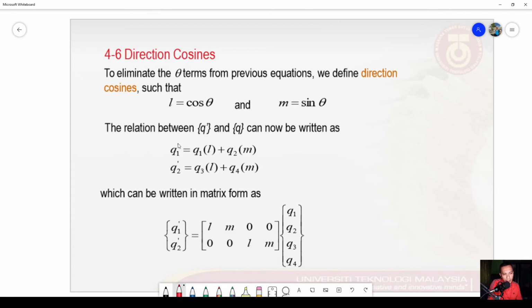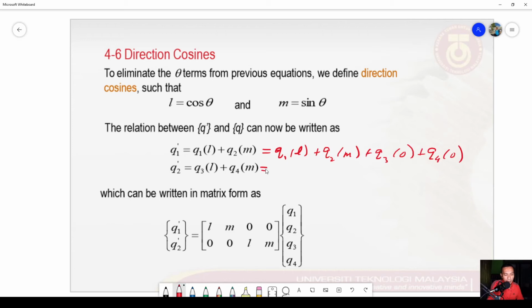introduced, we can rewrite the relation between the displacements in the local coordinates and the displacements in the global coordinate system as functions of L and M. Then we will have Q1 prime equal to Q1 L plus Q2 M, Q2 prime equal to Q3 L plus Q4 M. Or in another way, we can write this as Q1 L plus Q2 M plus Q3 0 plus Q4 0 for node number 1.